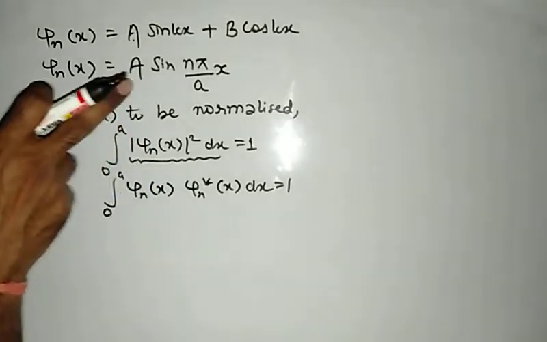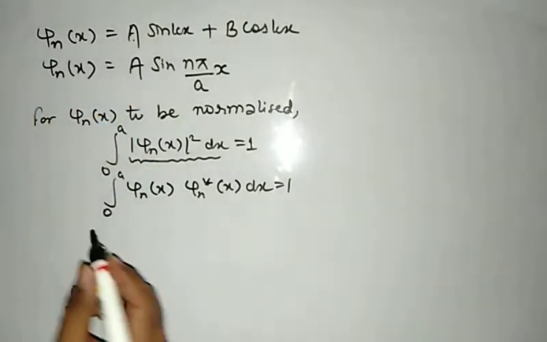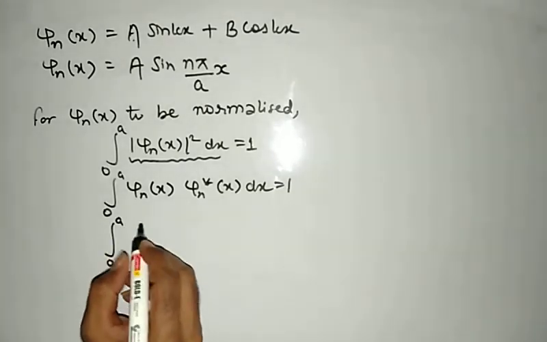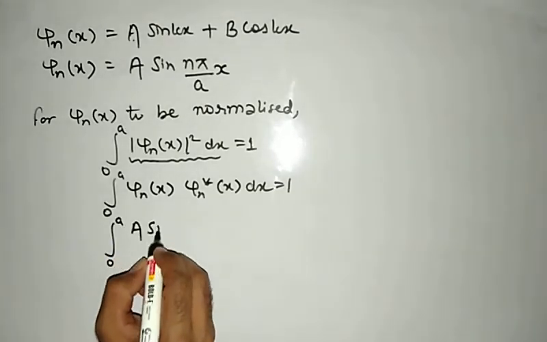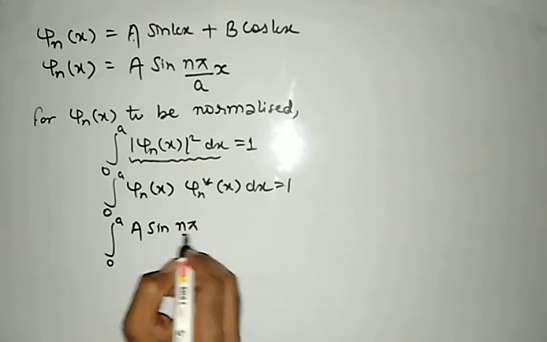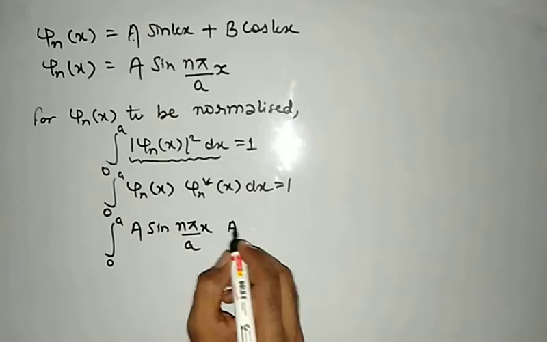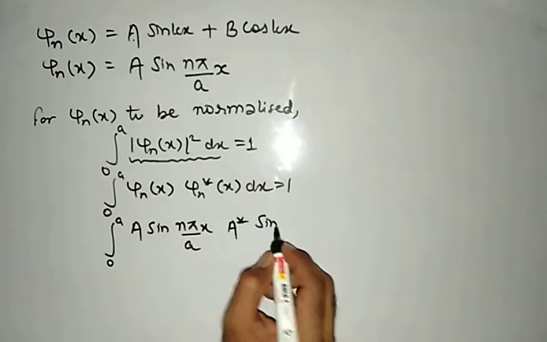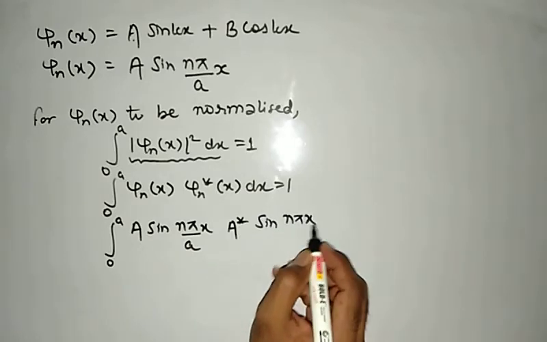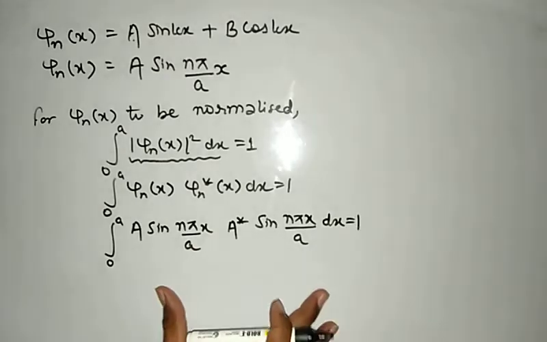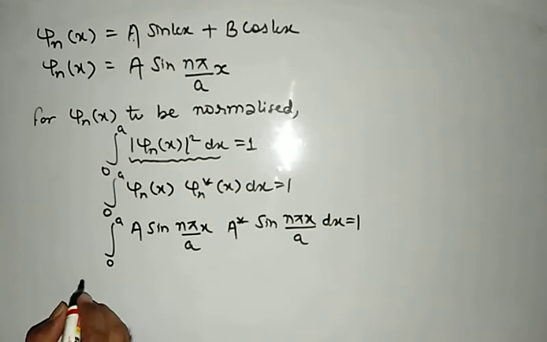Now, since there is no imaginary quantity here, it has no effect. Writing down the integral from 0 to a of A sin(n pi x by a) times A star sin(n pi x upon a) dx equal to 1. Now we have to solve this one.